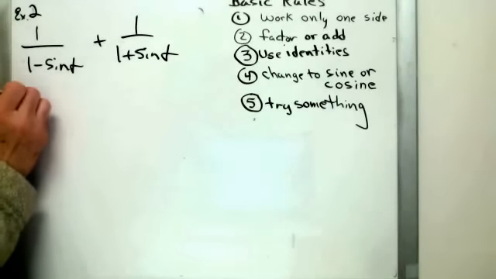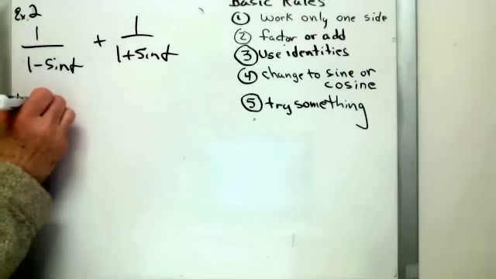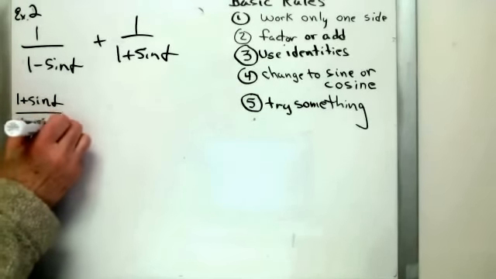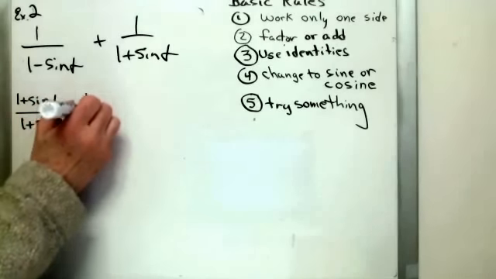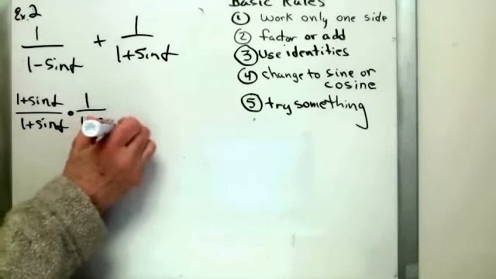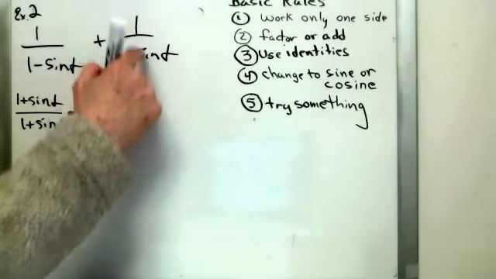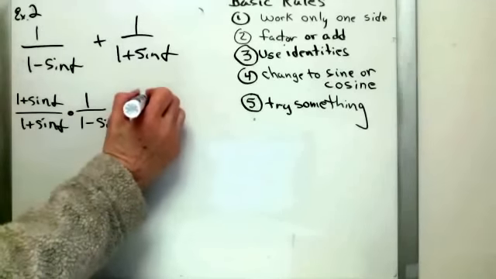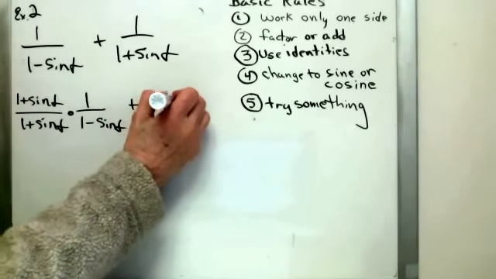So on this one, I'm going to multiply 1 plus sine alpha over 1 plus sine alpha. I'm multiplying the fraction by 1, right? 1 minus sine alpha plus, what am I going to multiply this one by? 1 minus sine alpha over 1 minus sine alpha, which is also 1.